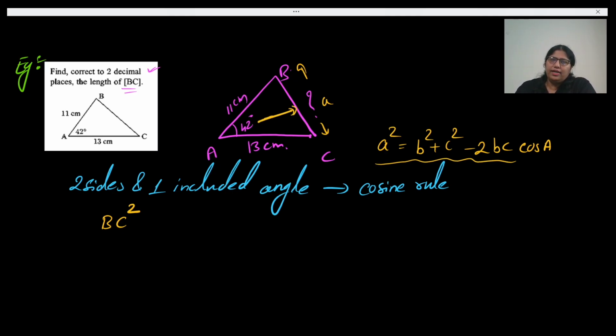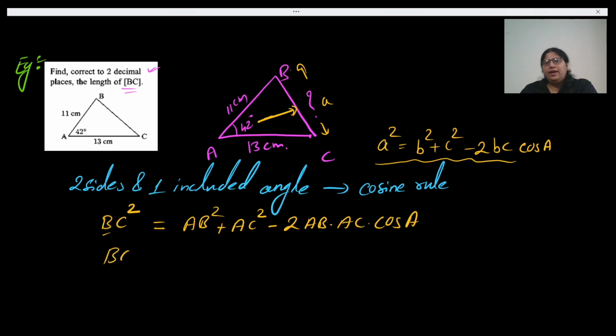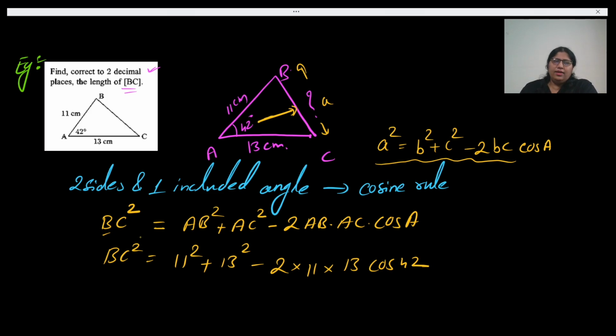The opposite side is known, so you first write down that square. It's BC squared equals AB squared plus AC squared minus 2 times AB times AC times cos A, because the opposite angle is A. Or directly I can write 11 squared plus 13 squared minus 2 times 11 times 13 cos 42 degrees. Then you have to take the square root of this.